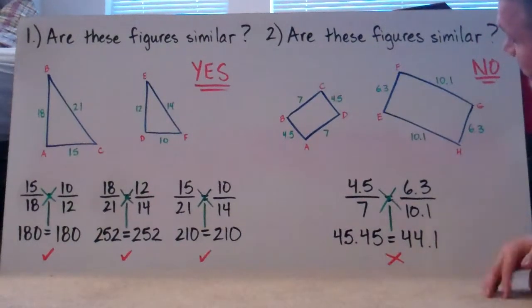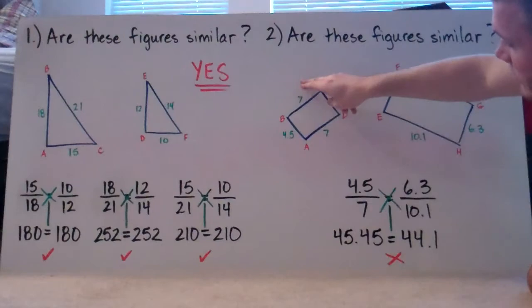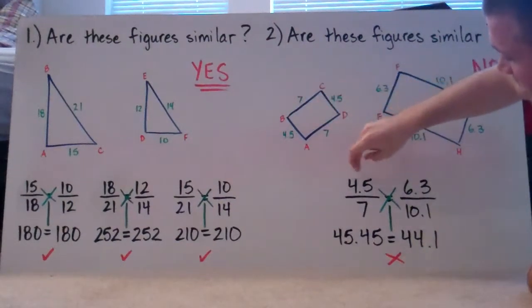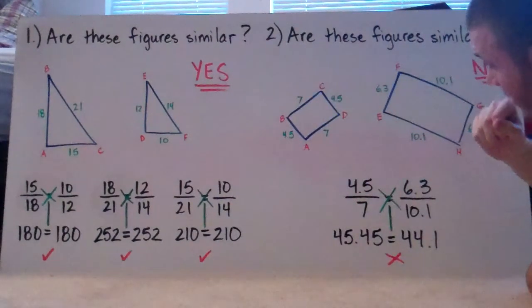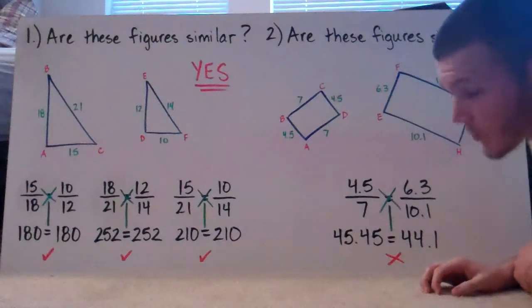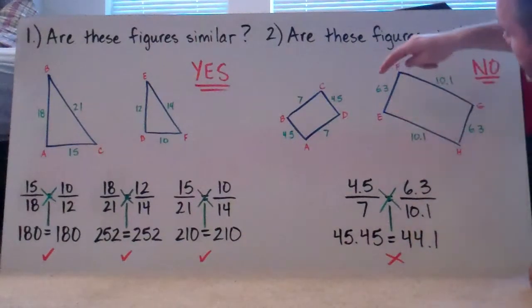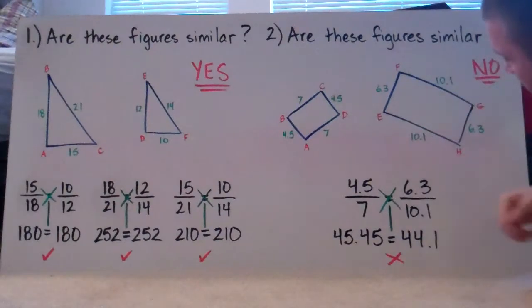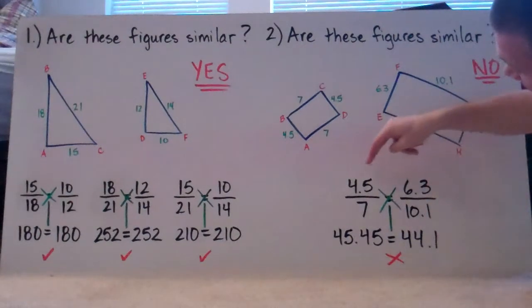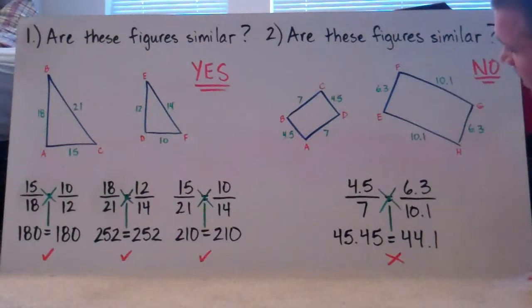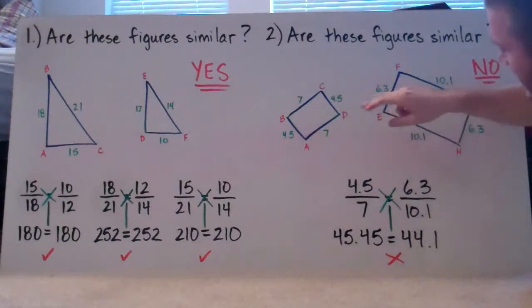For example, I've got 4.5 over 7, so I did the short side over the longer side. That means when I set my next ratio, I'm going to put 6.3 over 10.1. So 6.3 over 10.1, and now I'm going to set them equal to each other. These sides correspond, so they're both on top.